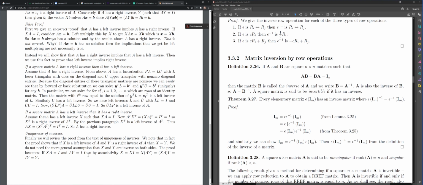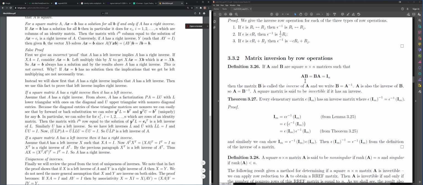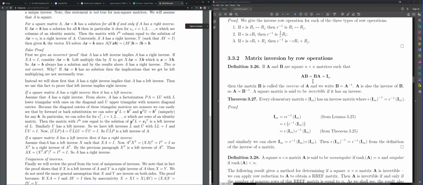So if it has a right inverse and a left inverse, then what this is saying is that they need to be equal. But this takes a certain amount of work. The point I want to make over here is that with this definition, one of these is sufficient to show that a matrix B is an inverse.